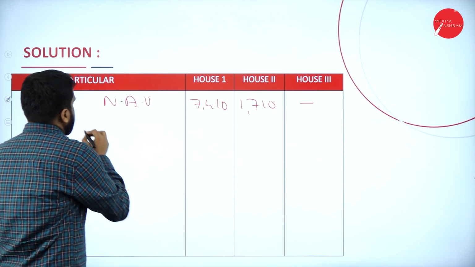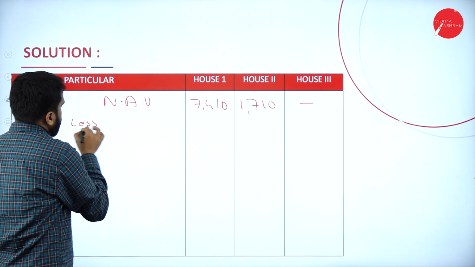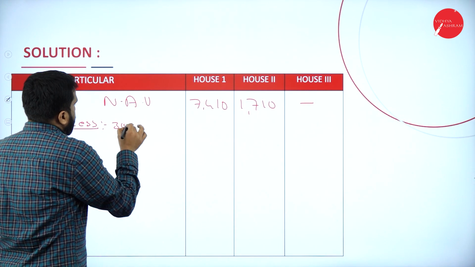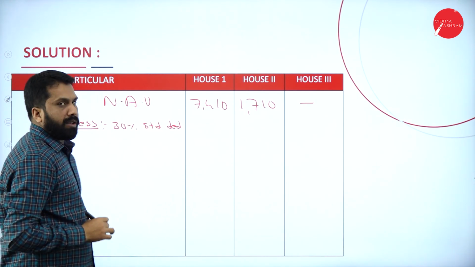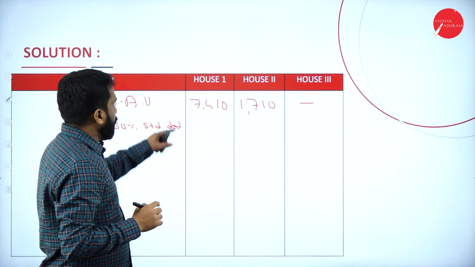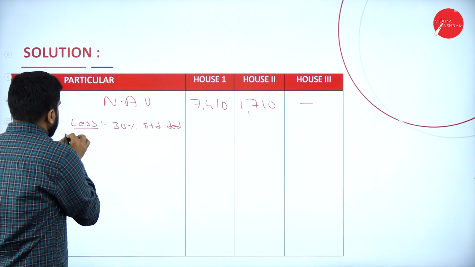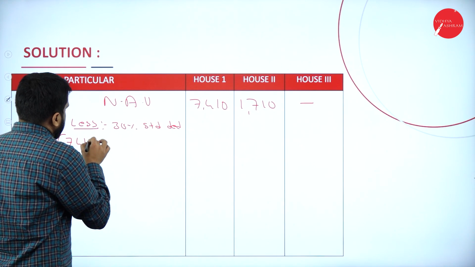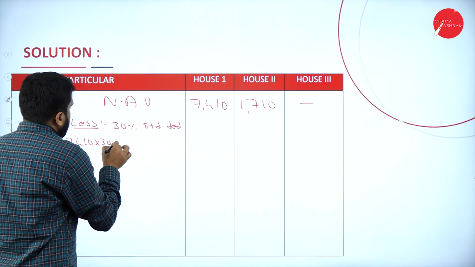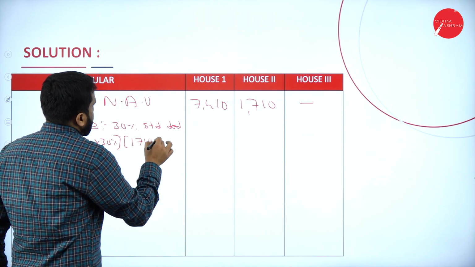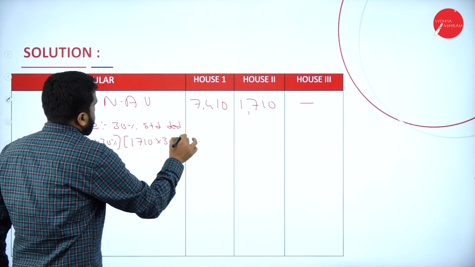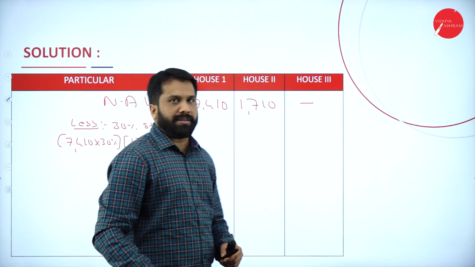So on this, less 30% standard deduction. Under section what? 24. Now 7,410 multiplied with 30% and 1,710 multiplied with 30%. These are your calculation.